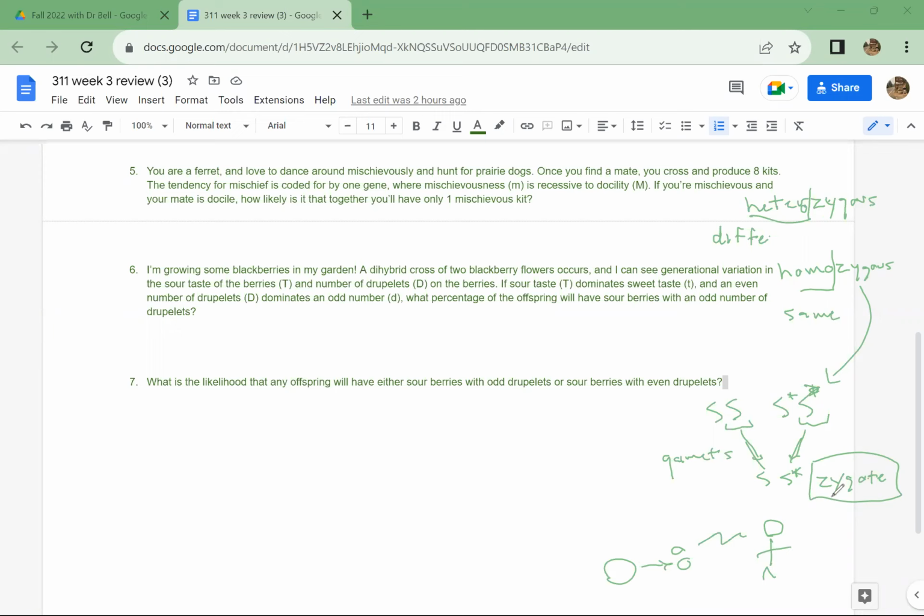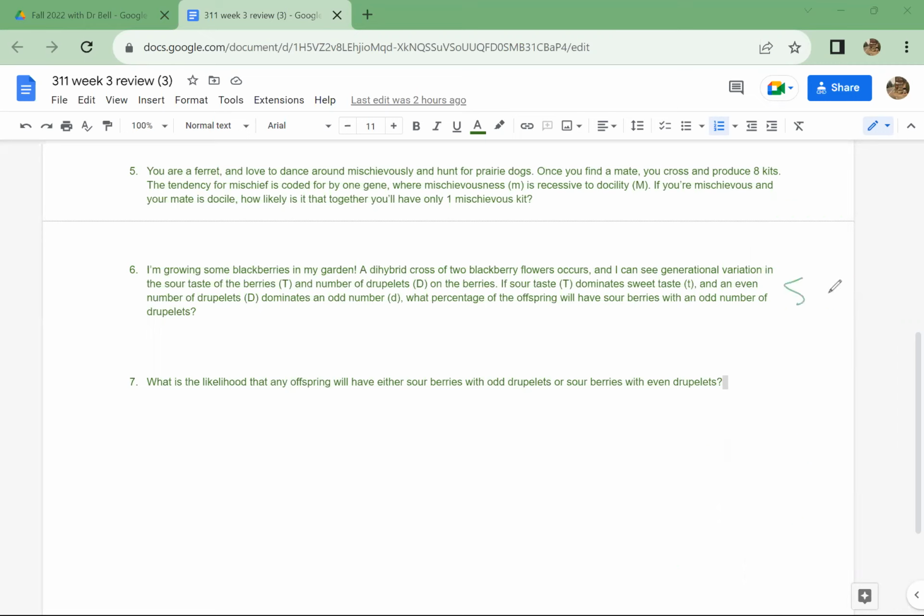So zygos, talking about the zygote, and this information within the zygote comes from our parents' genomes. So homozygous individuals have the same alleles, like S star versus SS, within their genome that they will give to a future zygote. And obviously heterozygotes will have two different alleles.